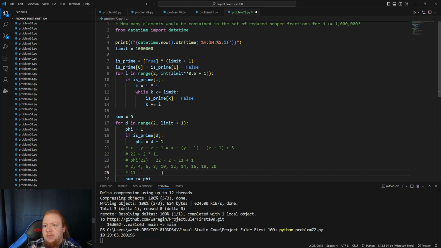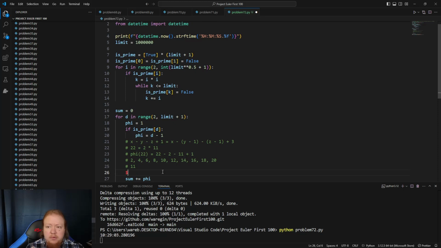So, let's see, the relative primes of 22 would be 1, 3, 5, 7, 9, not 11, 13, 15, 17, 19, and 21.